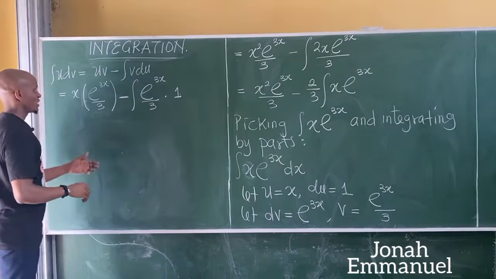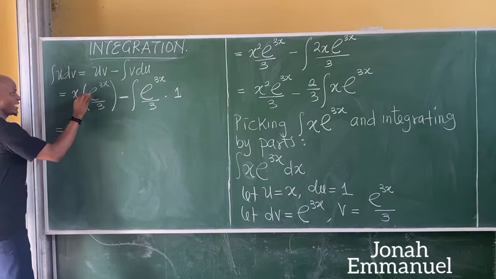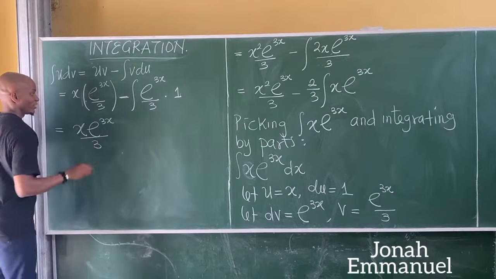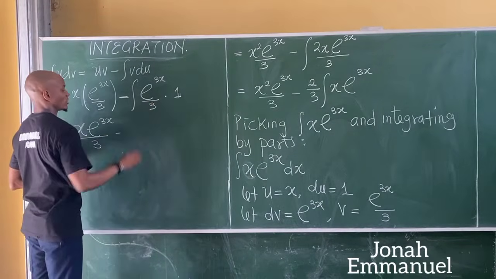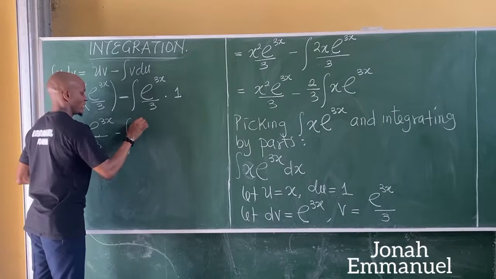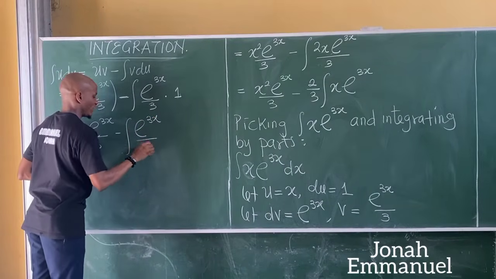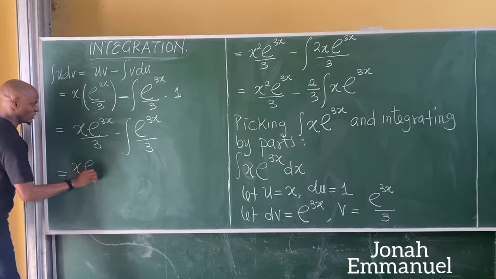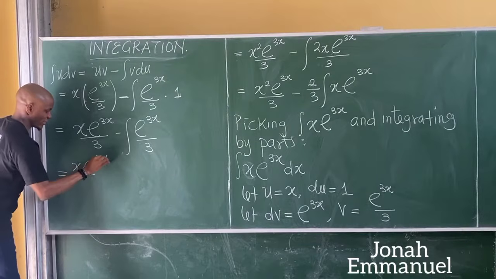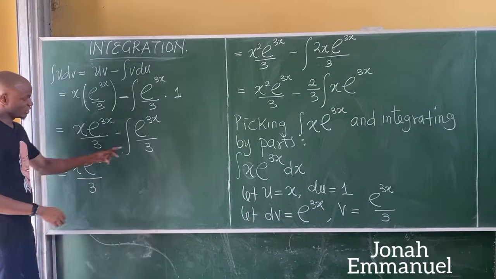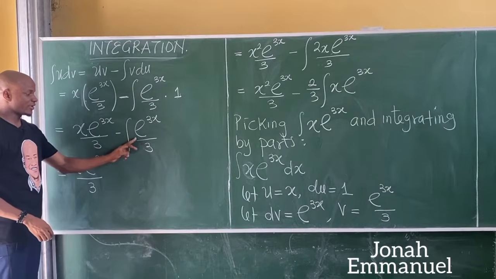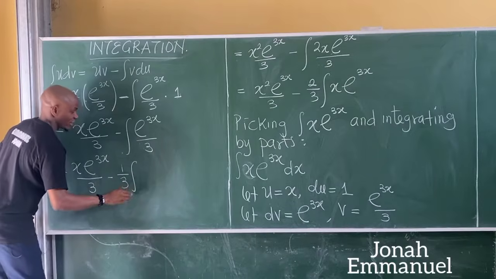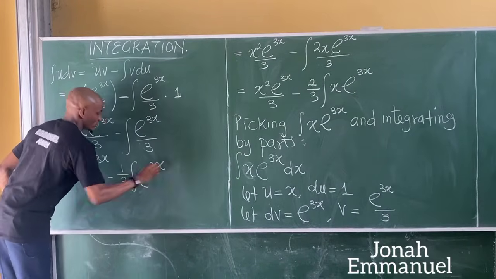If I simplify this, this is now equal to x times this gives you x exponential 3x all over 3 minus this times 1 gives you itself, so it becomes integral exponential 3x all over 3. So the constant here is 1 all over 3. Bring the constants outside the integral sign, becomes minus 1 all over 3 integral exponential 3x.